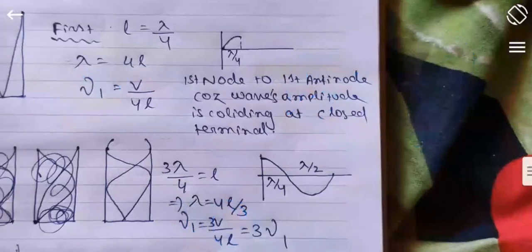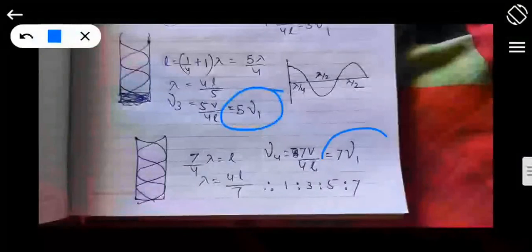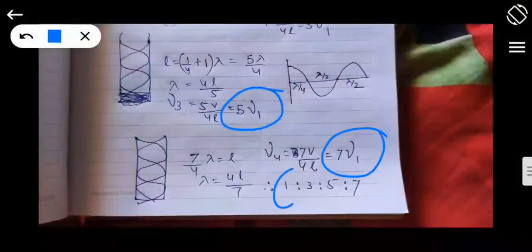Similarly, if you find out for the third harmonic, as I produced in the note, you will get 5 nu 1 for the third harmonic, and for the fourth harmonic it is 7 nu 1. So the ratio is, first one is 1, then 3, then 5, then 7.